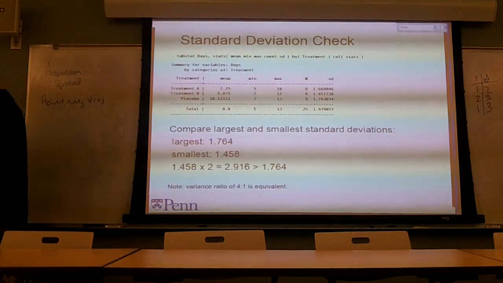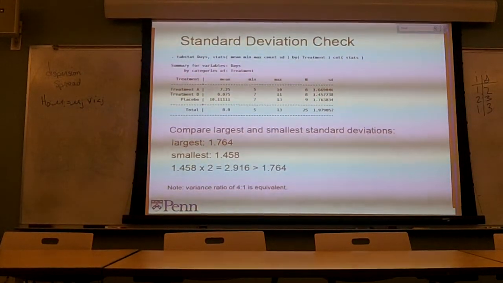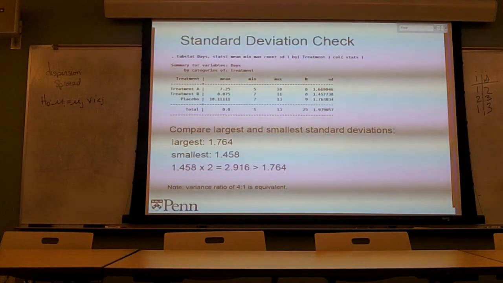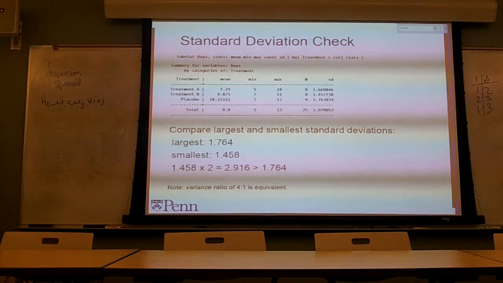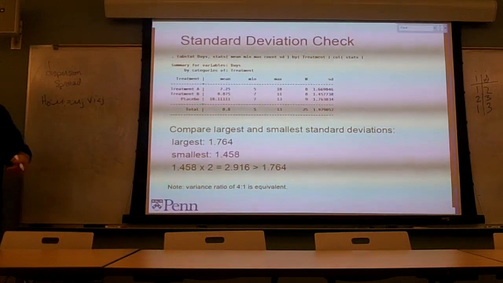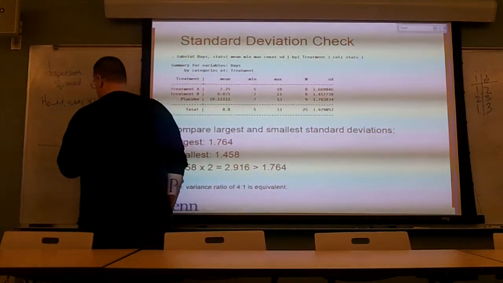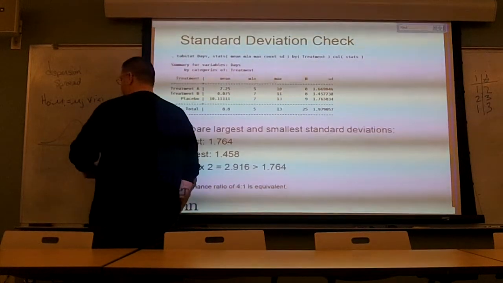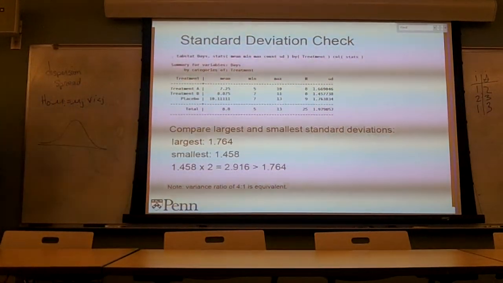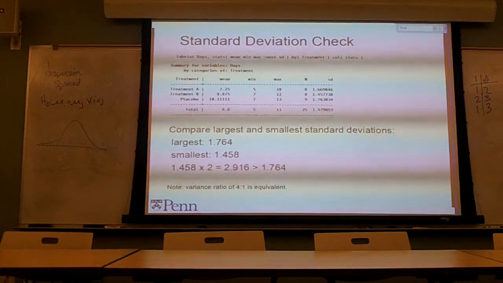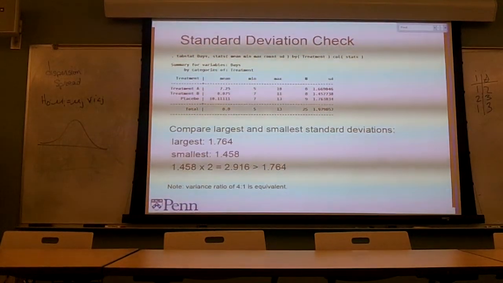Right. If all of our groups were the same and we satisfied the assumptions of our model, homoscedasticity and all that sort of stuff, I'm going to draw, that's the distribution of group 1. What would the distribution of group 2 look like?